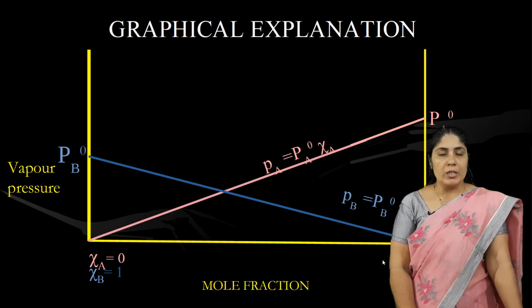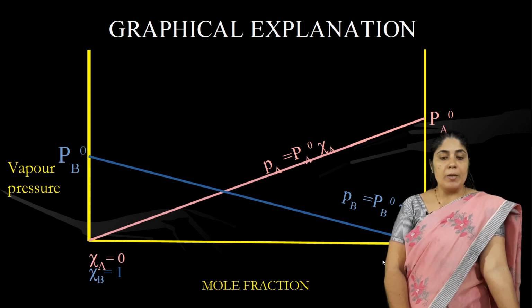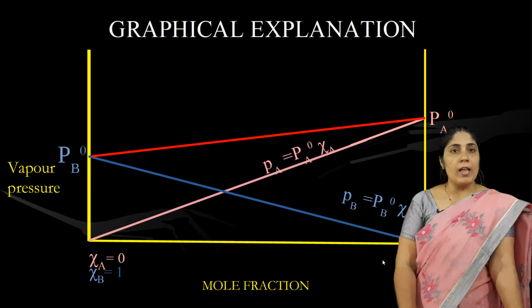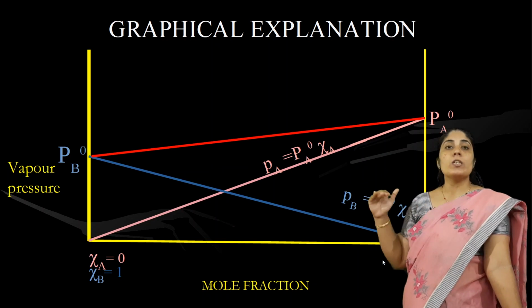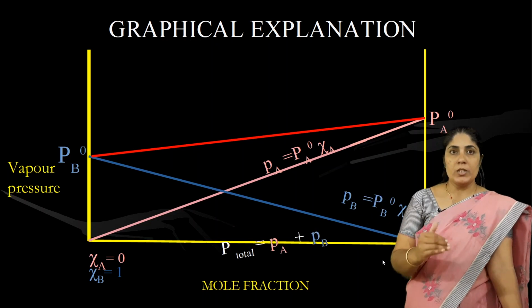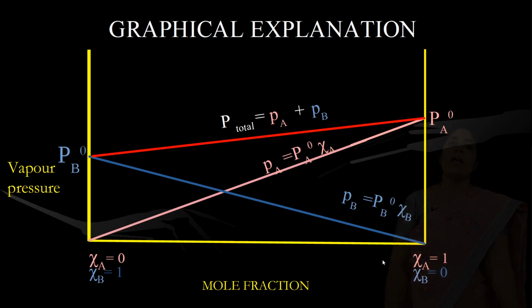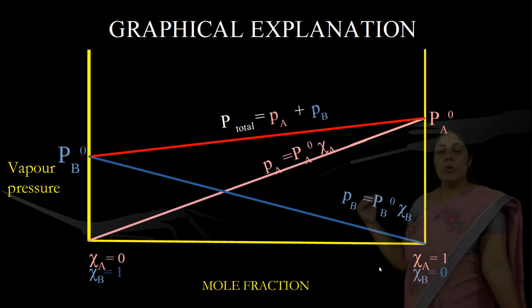Then the total pressure can be marked as given here. You can see that a red line shows the total pressure of that particular solution, which is given as P total is equal to PA plus PB. So this is how the graphical representation is explained.